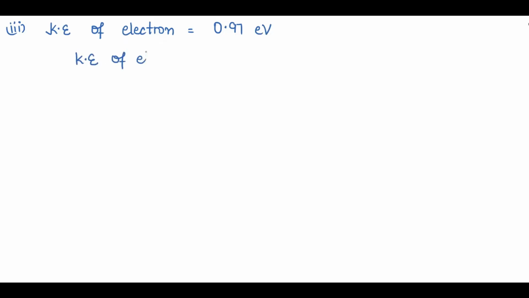So kinetic energy of an electron is represented as half mv square, right? Now here m is the mass of the electron, which is fixed, and you have to remember this value. It is 9.1 into 10 raised to power minus 31 kg.